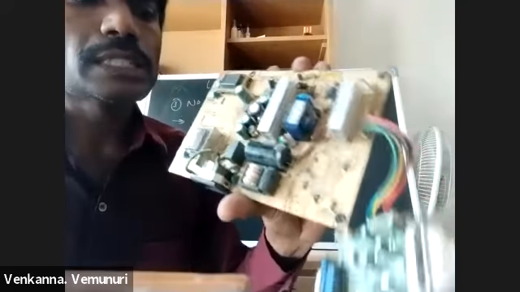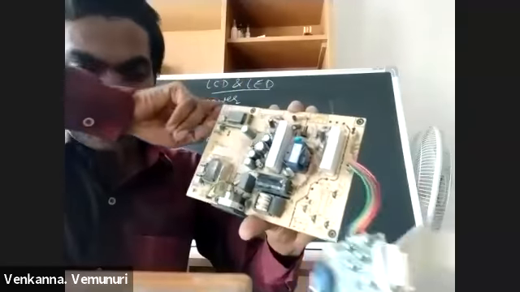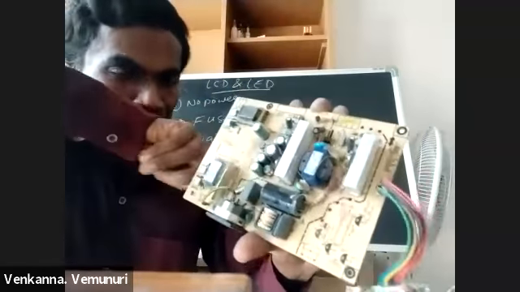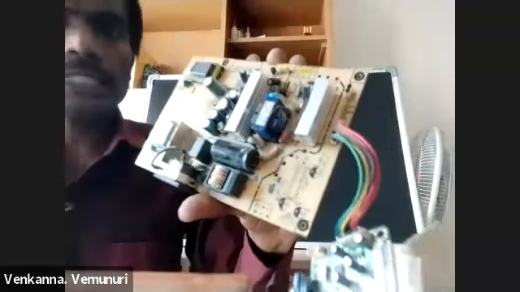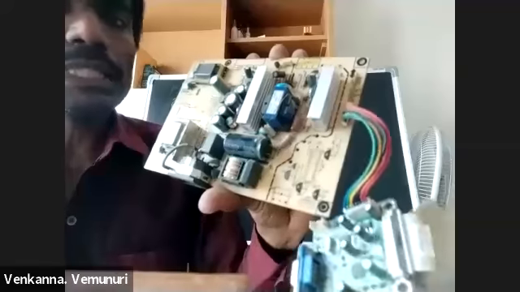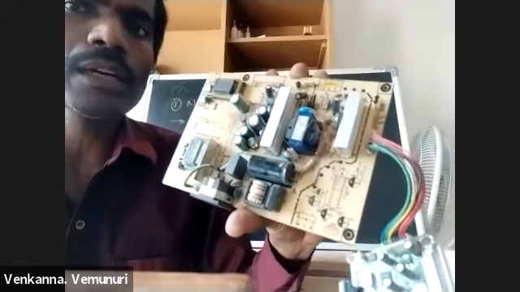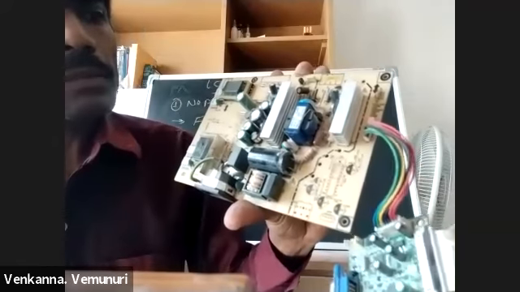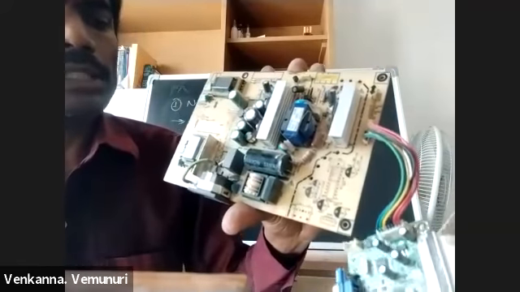So at that time we are checking. First we open this LCD monitor. First is physical observation. In this physical observation, first check all components. Is any capacitor bulging, or any resistor burning, or any IC damaged?